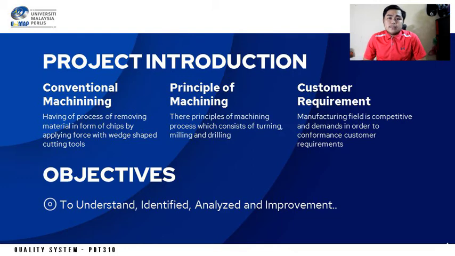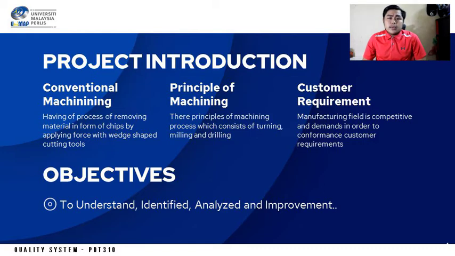There are three principles of machining processes, which consist of turning, milling and drilling. In the turning process, the material is rotated and the cutting tool moves toward the material and starts the material removal process. The milling process is opposite to turning, where the cutting tool is rotated and the material is fixed.